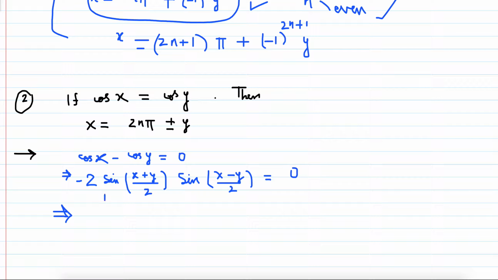So either this thing or the second term, one of the two terms has to be 0.